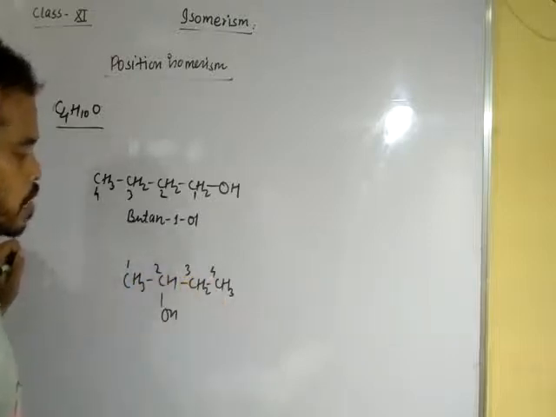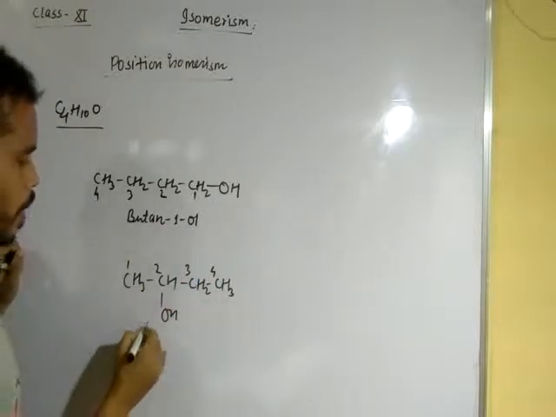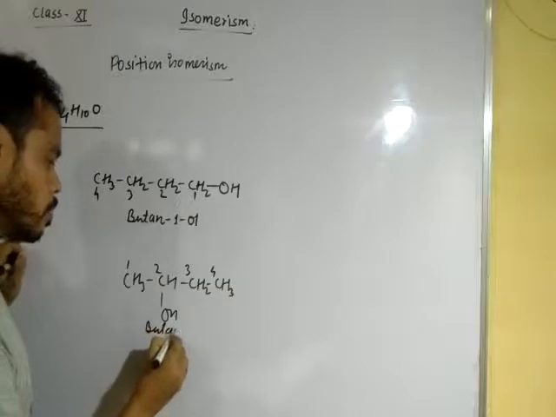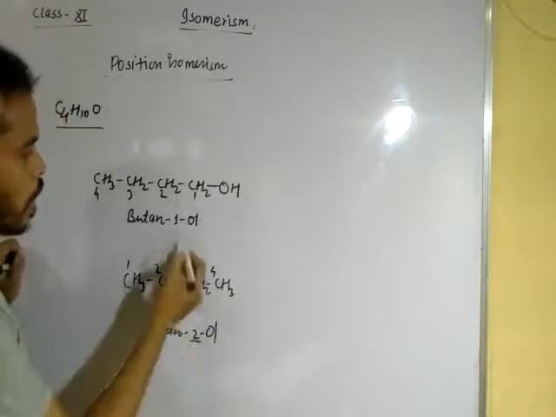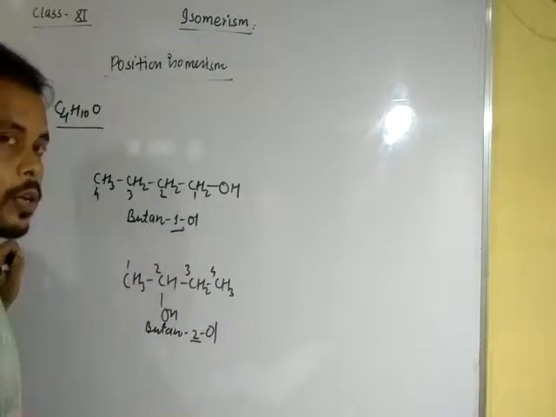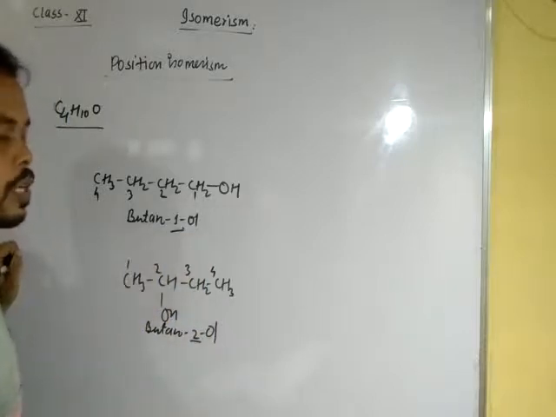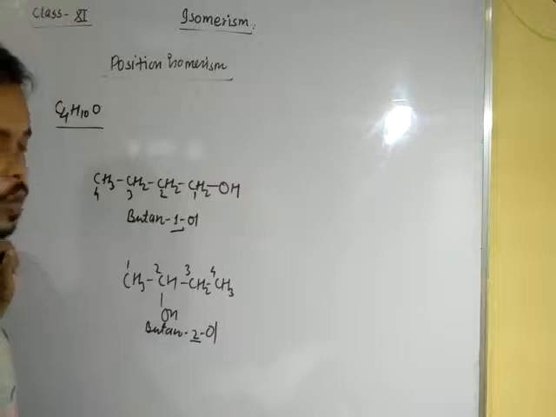Okay, dear student? So the name of this compound is butan-2-ol. 2-ol and 1-ol represent that the position of the functional group has changed.